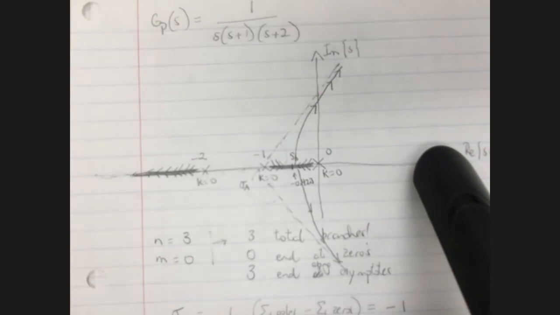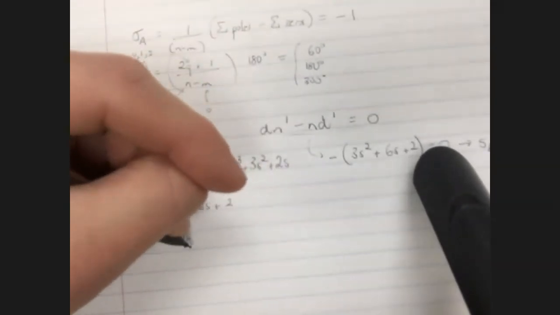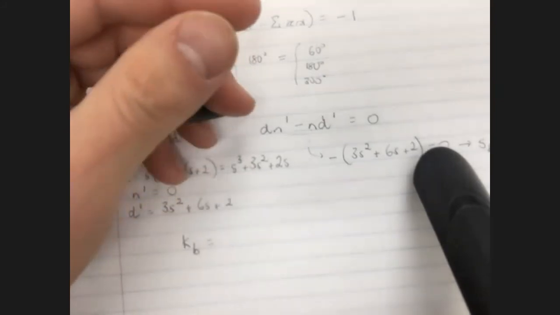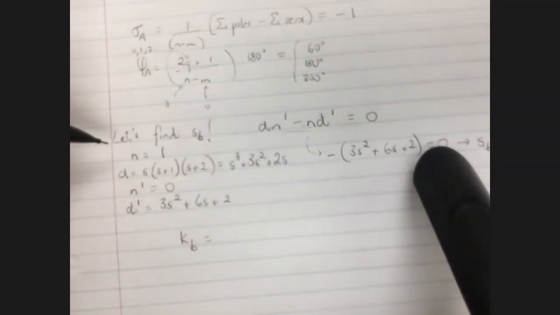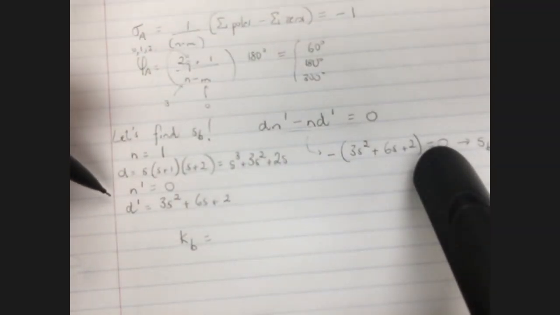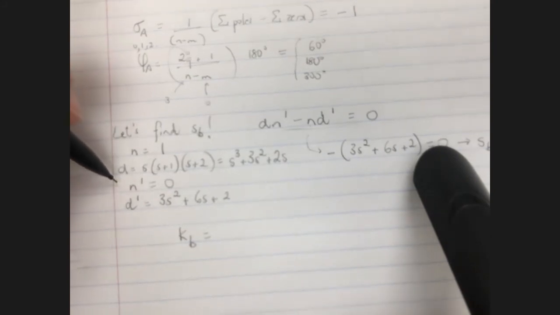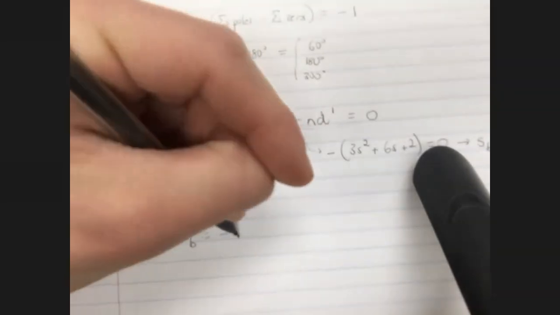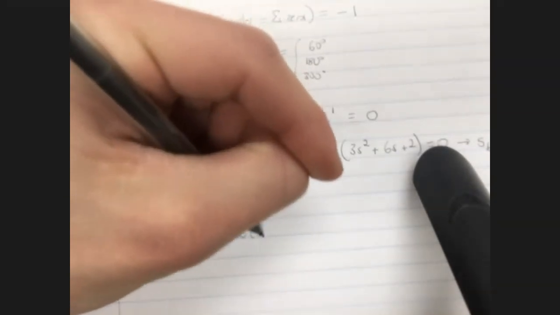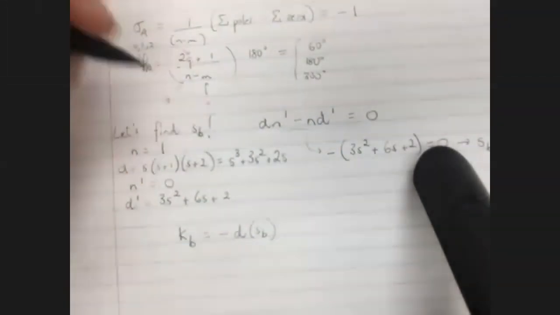All right. Now, let's see what else we got. The KB. So KB is our breakaway gain. And so I can do KB as minus D at SB over 1.